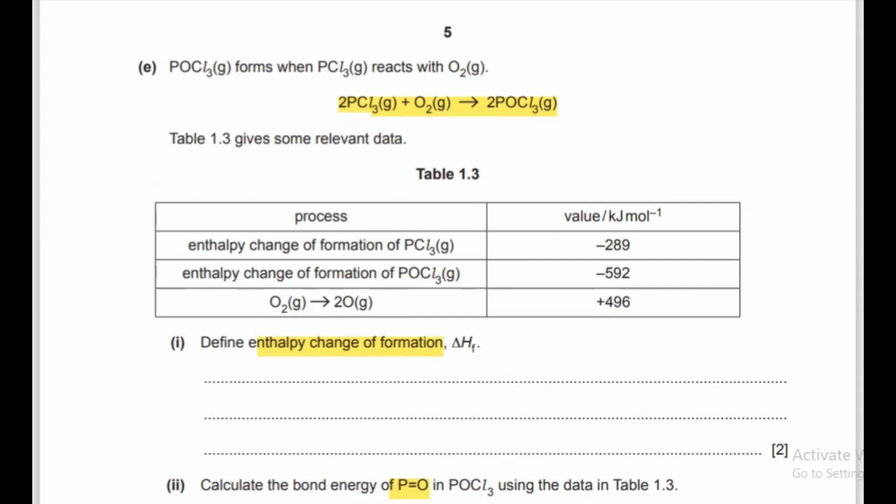So enthalpy change of formation of PCl3 is given. Then enthalpy change of formation of POCl3 is given, and then the bond energy is given.